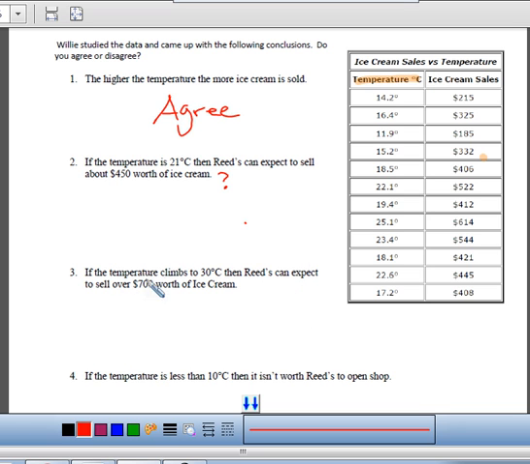Same with number 3. If the temperature climbs to 30 degrees Celsius, then Reed's can expect to sell over $700 worth of ice cream. Well, the highest number in this table is 25.1, and that's $614. So I would guess maybe that's true, but I don't know for sure because, again, the table doesn't give me enough information.